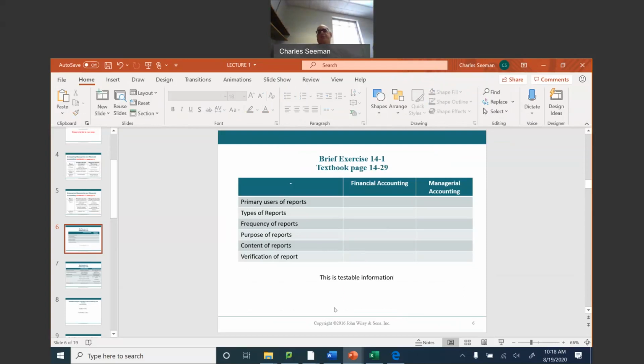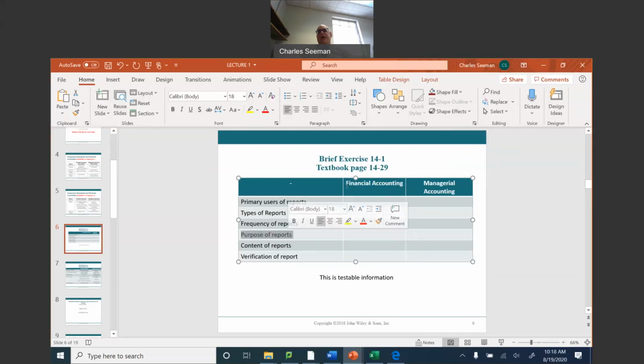What are the types of reports that are prepared by financial accountants? What are the types of reports that are prepared by managerial accountants? Obviously, we'll go over the answers in a second. How frequently do financial accountants have to provide reports? How frequently do managerial accountants have to provide reports? What is the purpose of a financial accountant providing his or her report?